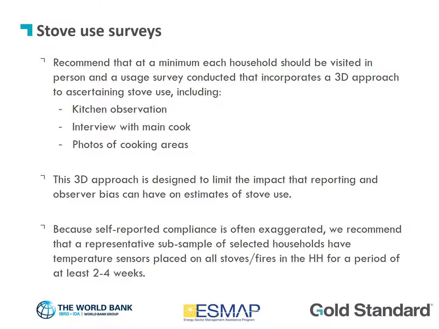If your project chooses to go with the survey option over the sensor option, it's recommended that at a minimum, each household should be visited in person, and a usage survey should be conducted that incorporates a three-dimensional approach to ascertaining stove use, which includes kitchen observation by the enumerator, an in-person interview with the main cook, and multiple photos of the cooking area, which includes all stoves and the kitchen area and the house itself.